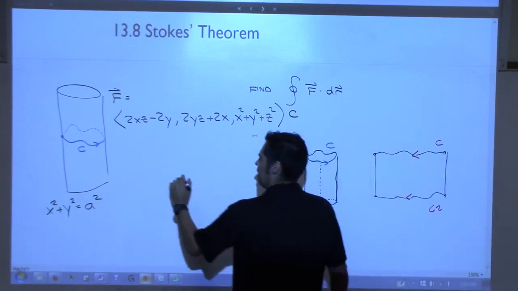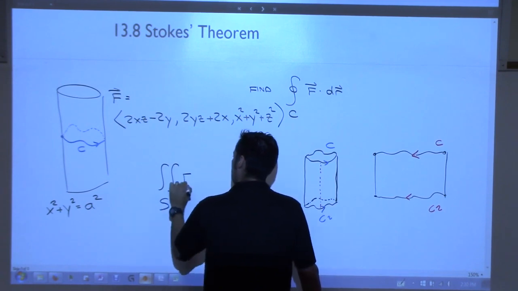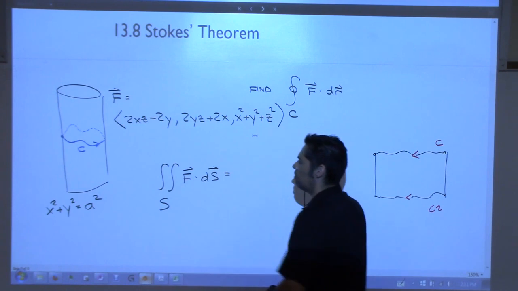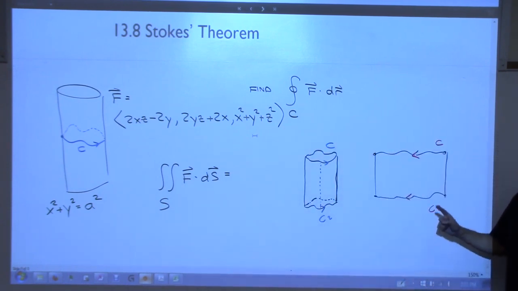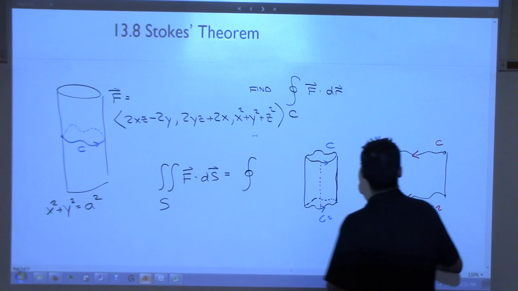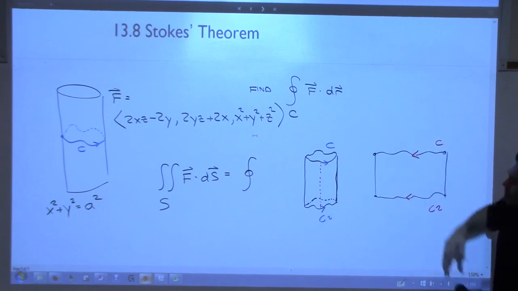Do you agree, according to Stokes' theorem, that the double integral over S of curl F dot dS should be equal to the two line integrals? One that would be the line integral over C, which was okay, right? Orientation, right? Because the surface is to my left.